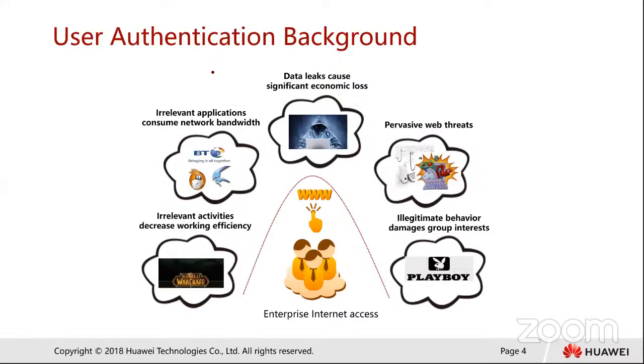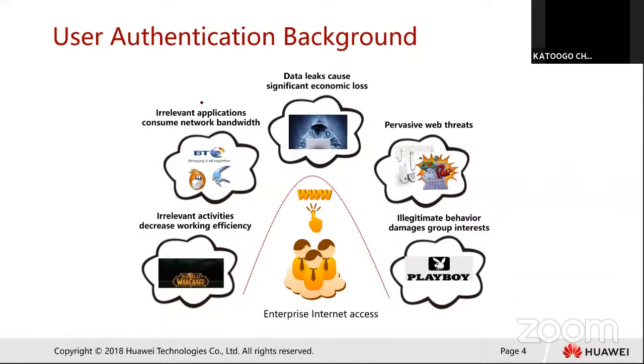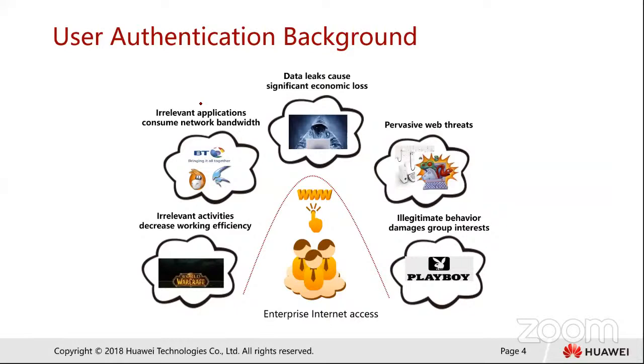User authentication. The growing number of application layer attacks not only brings additional threats to our network security, but also places further strain on how we can access our network. So enterprises want the capability to precisely identify who is accessing, to ensure that legitimate applications are operating normally, and also block the applications that may bring security risks.